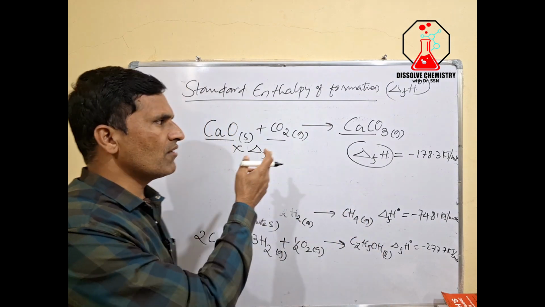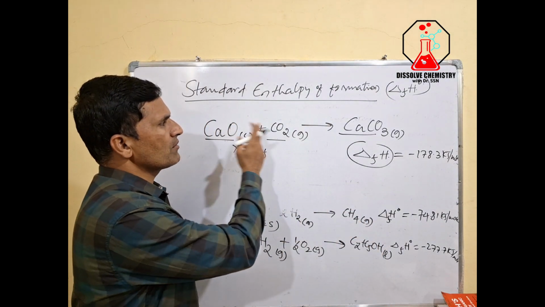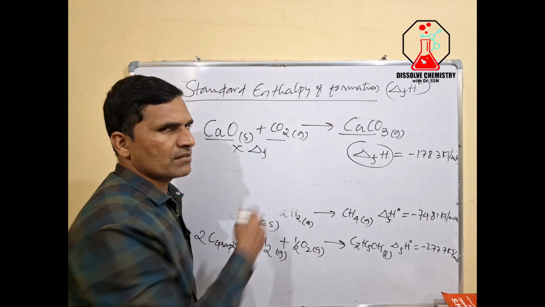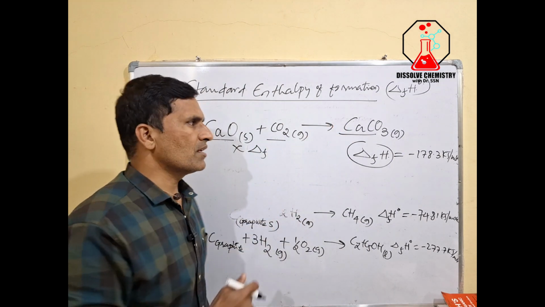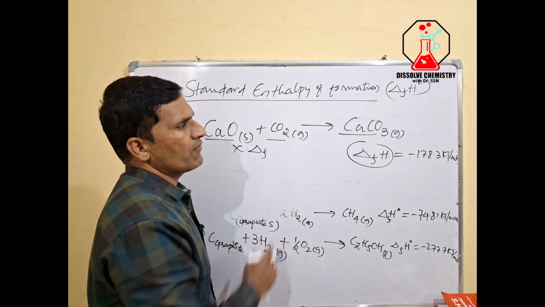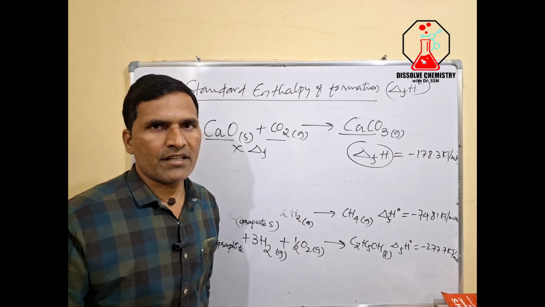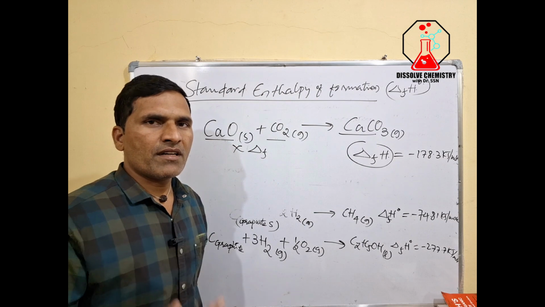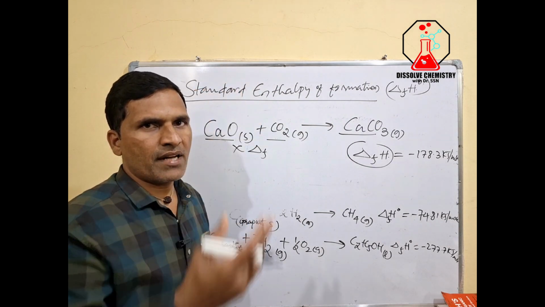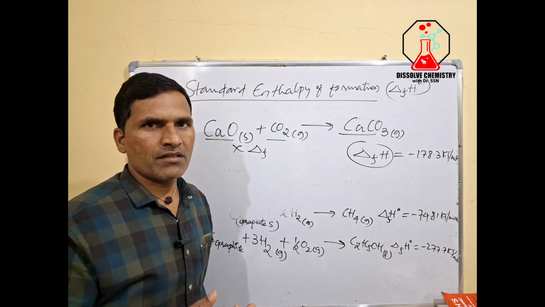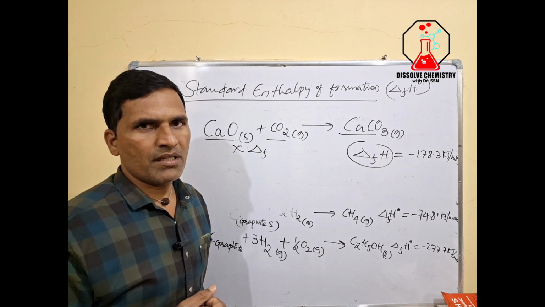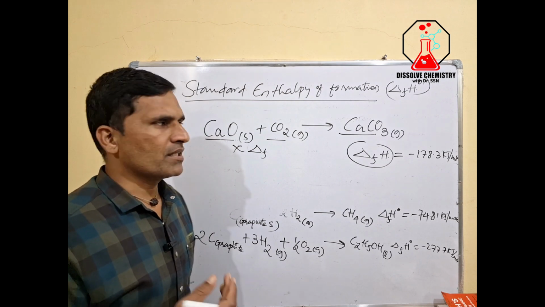But here it involves the combination of two different compounds to give a third compound. So it is not an enthalpy of formation; we call it just the enthalpy of a reaction. And please refer in the books, the various standard enthalpies of formation of simple compounds are given in many books, so please refer to that.